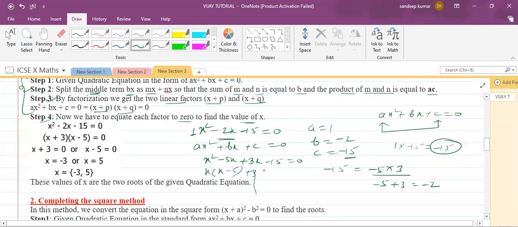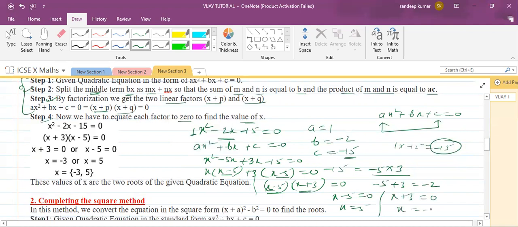Here you can take 3 common, so it becomes x minus 5 is equal to 0. Now again x minus 5 is common, so if you take x minus 5 common, from here x comes out and from here 3 will be there. That is equal to 0. So we can equate x minus 5 is equal to 0, which means x is equal to 5. Or we can equate x plus 3 is equal to 0, which means x is equal to minus 3.